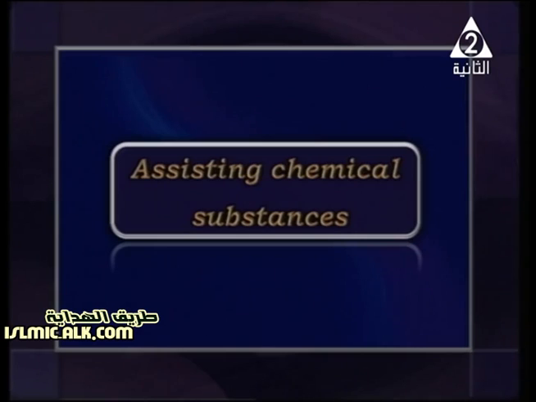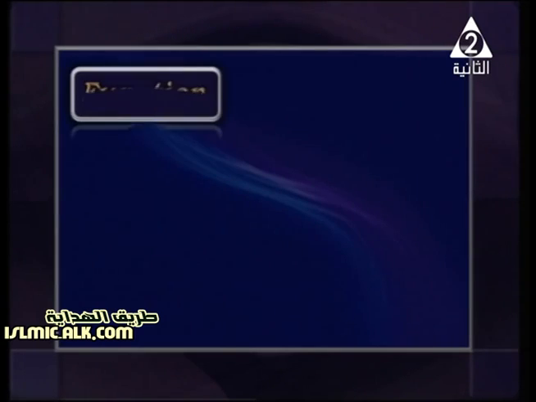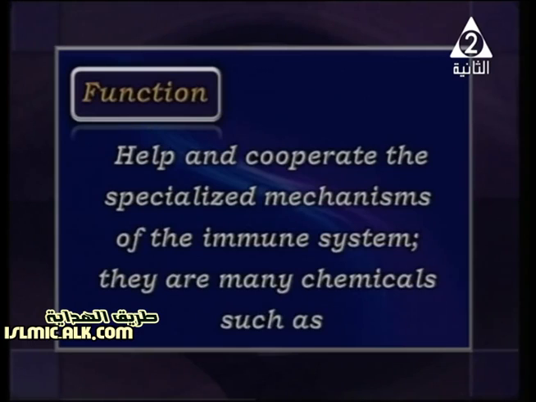Assisting chemical substances. After that, fifthly, we're going to talk about some chemical substances inside our body. They have an important role, as a kind of activating work parallel to the immune system. They are chemical substances secreted inside our body. Their function is to help and cooperate with the specialized mechanism of the immune system.